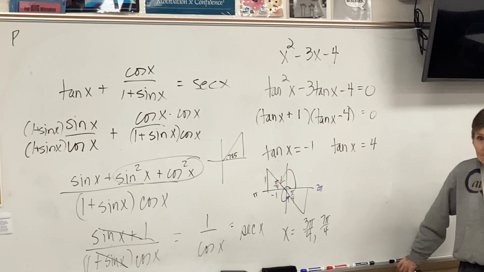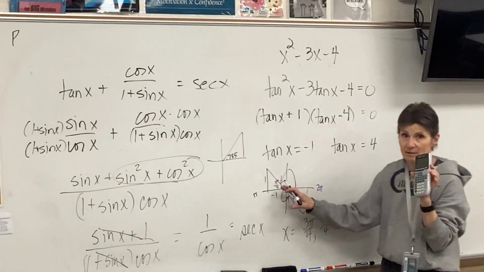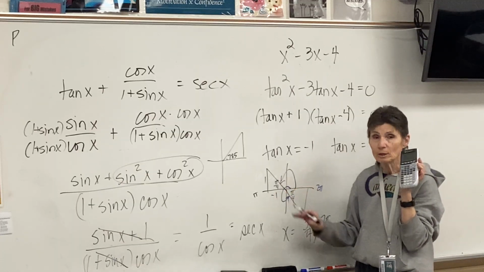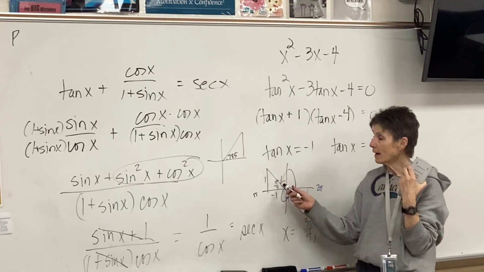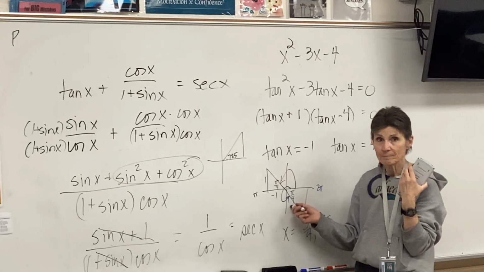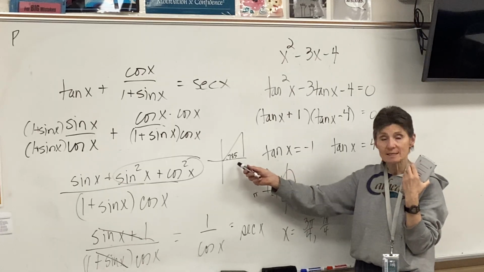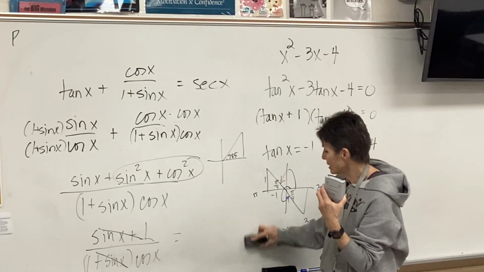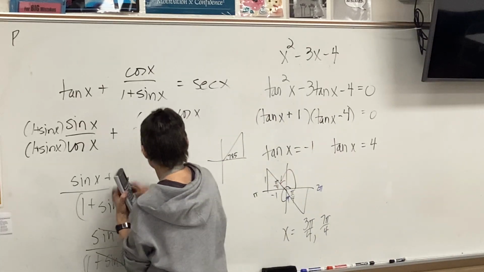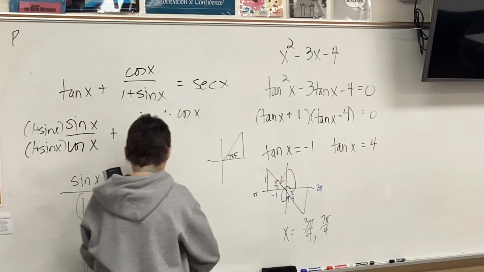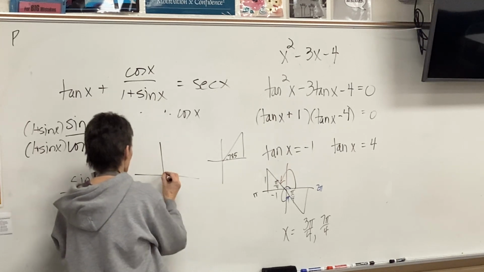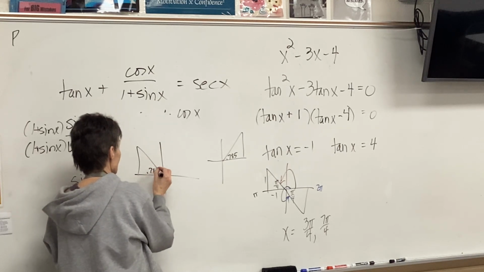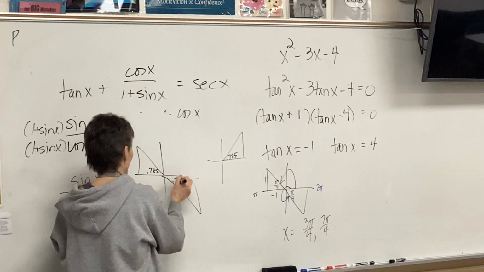I need to know how big that angle is, just like I did here, and then I need to put it in the right quadrant. So here I knew it was pi over 4. Now I know it's 0.785, but I have to put it in the right quadrants. So that 0.785 has to be in quadrant 2 and quadrant 4.